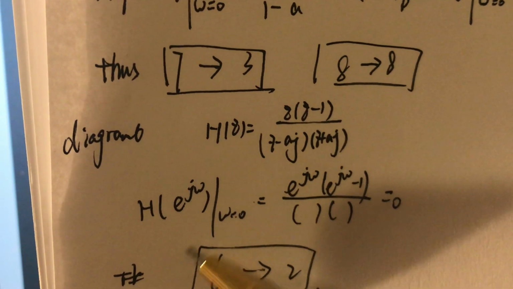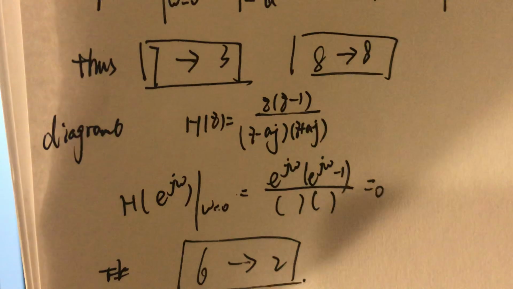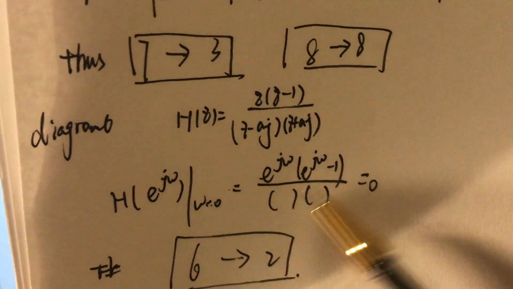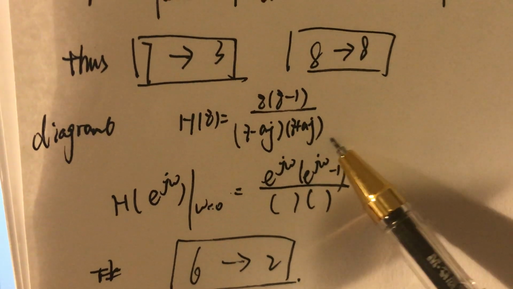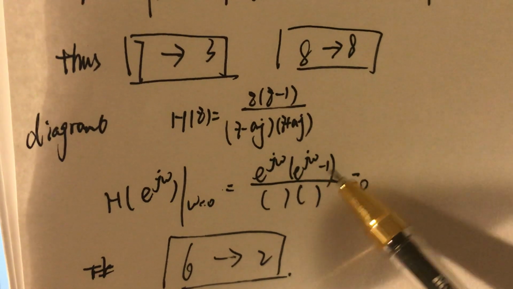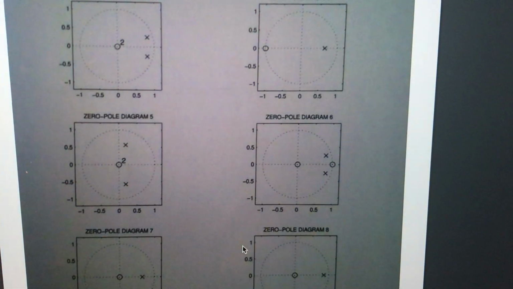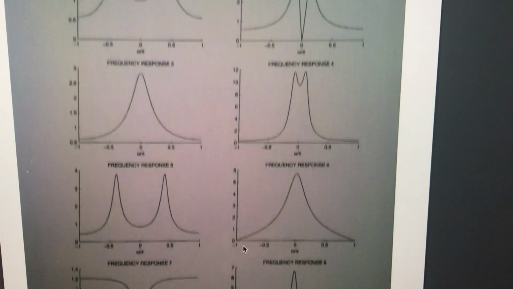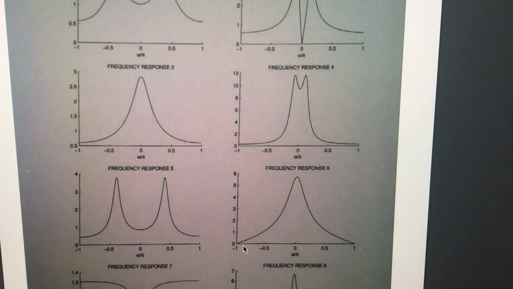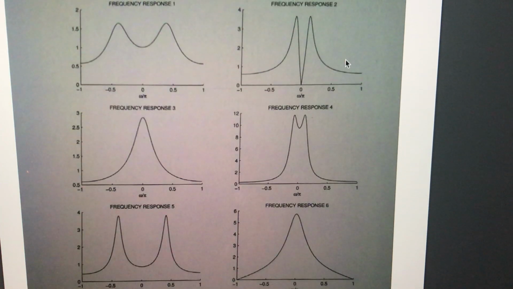We could get, at omega equal to 0, since this part will equal to 1, this part will equal to 0, so the whole part will equal to 0. So we could find that since it has resonant peaks because of the complex 0 points and equal to 0 when omega equal to 0, diagram 6 matches with this part.